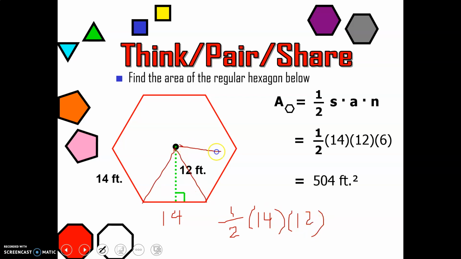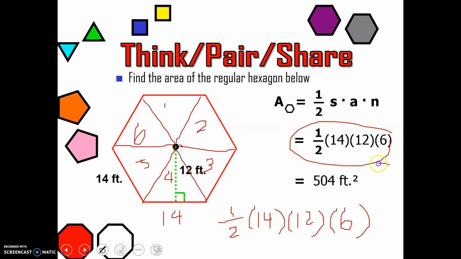And then I want 6 copies of that triangle. 1, 2, 3, 4, 5, 6. And 1/2 times 14 times 12 times 6, notice, is the exact same thing as our formula 1/2 SAN, which gives you an area of 504 square feet. So feel free to just keep that in mind and use it if you ever get stuck.